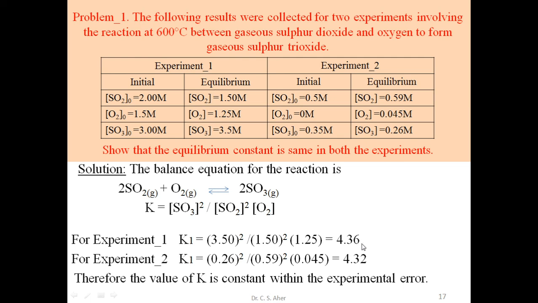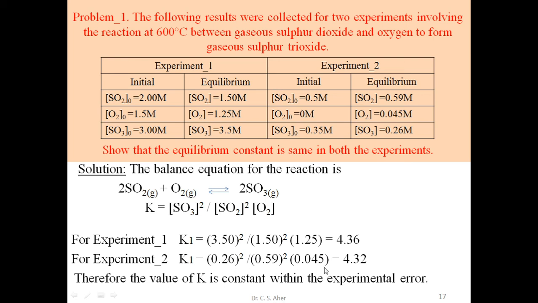In a similar way, for experiment number 2, these equilibrium concentrations are used for calculation of the equilibrium constant. For experiment number 2, again this K1 value: SO3 is 0.26 squared, SO2 is 0.59 squared, and oxygen concentration is 0.45.